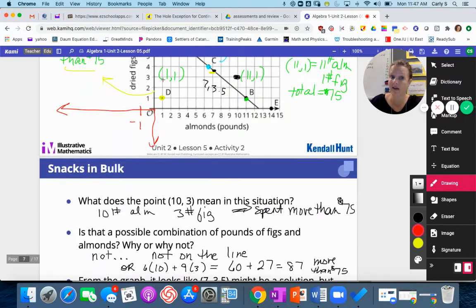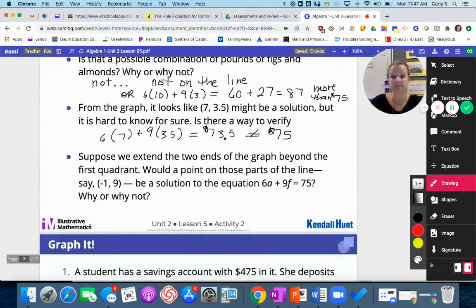Is that a valid point? Let's check. It is 81 minus 6. So I have -6 plus 81 equals 75. Okay, it's on the line.